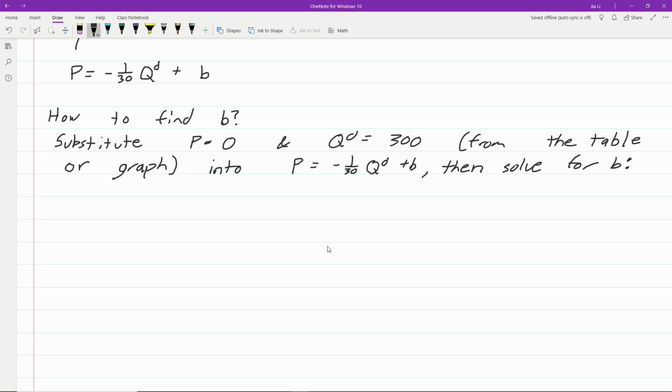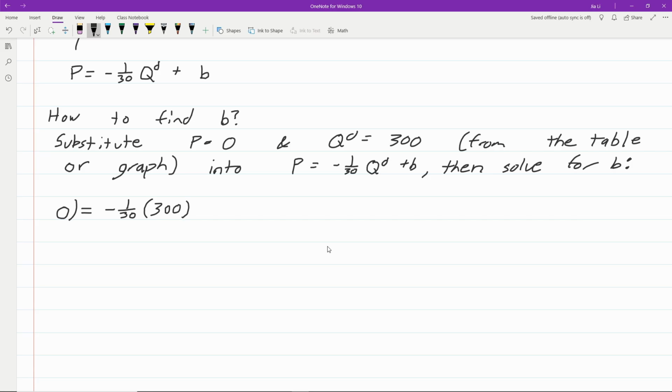And it's just that simple. So the price is going to be 0, so I'm just taking the P and replacing it with a 0, and that's going to be equal to minus 1 over 30. And then QD, that's going to be 300, so that's times 300.